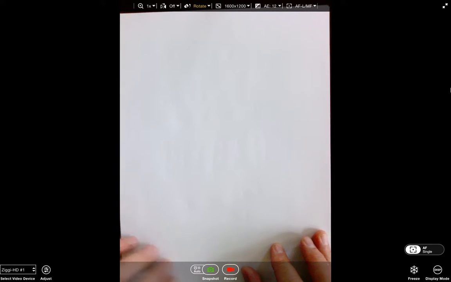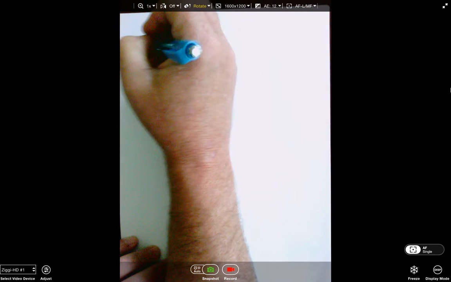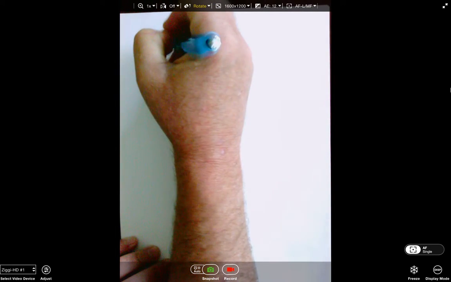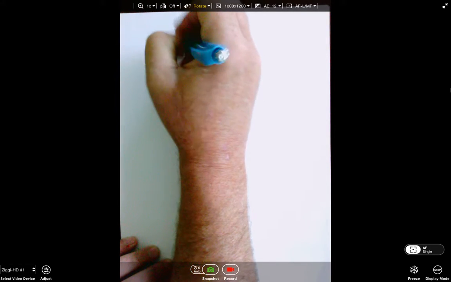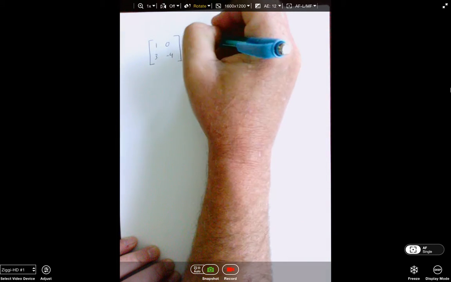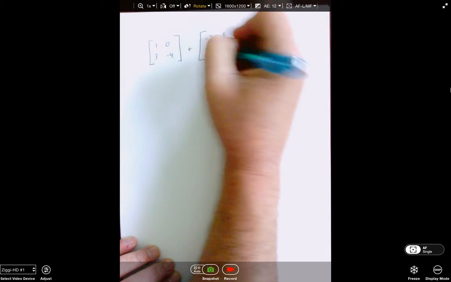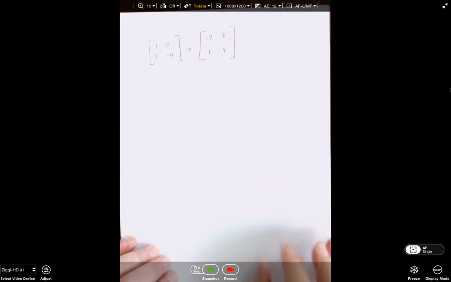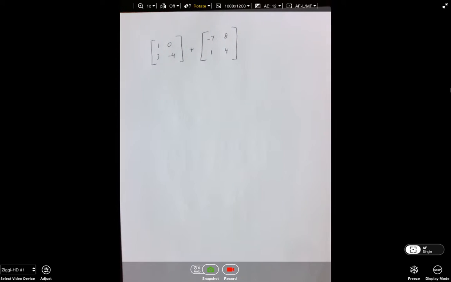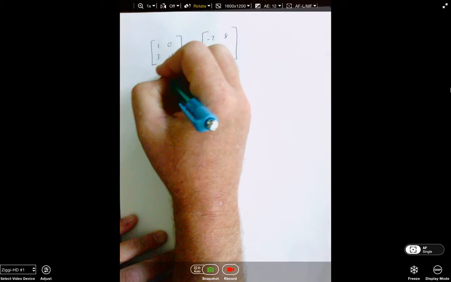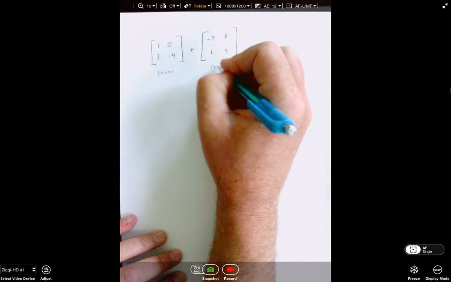Now, when we get to matrices that are the same size, it turns out that adding these things is very simple. You guys are going to get tired of looking at my hand and arm. If I have something like this, where I have a 2 by 2 matrix and I want to add these, it turns out, guys, it's really simple. This, again, is a 2 by 2 matrix.